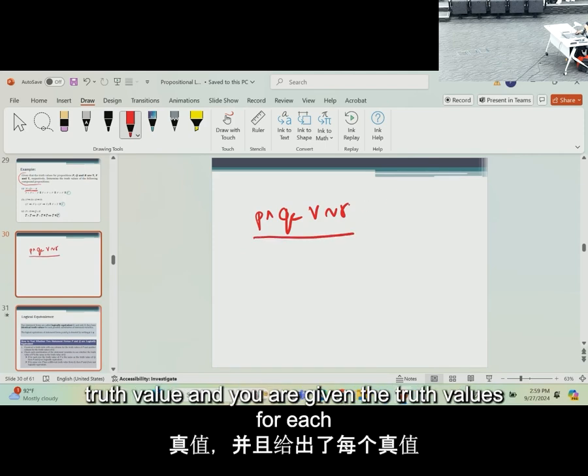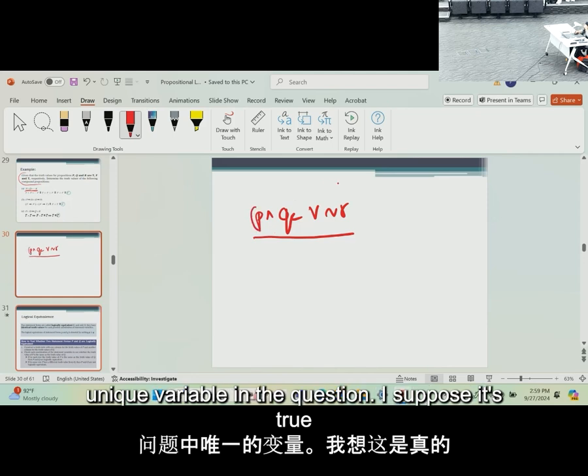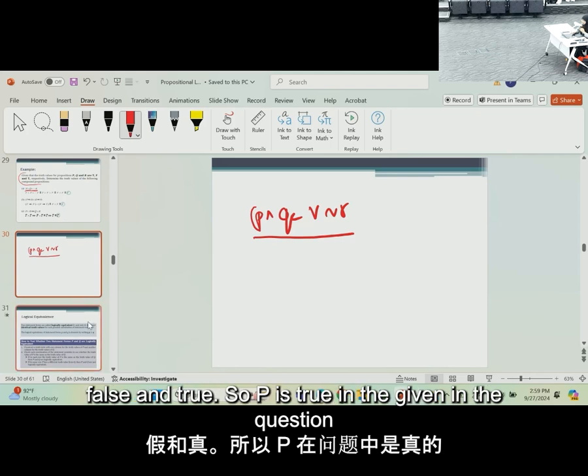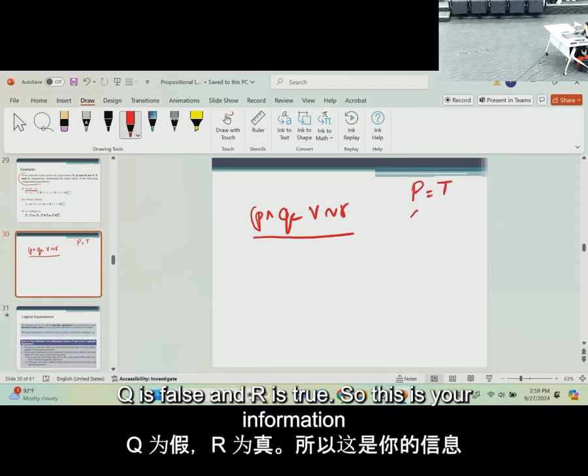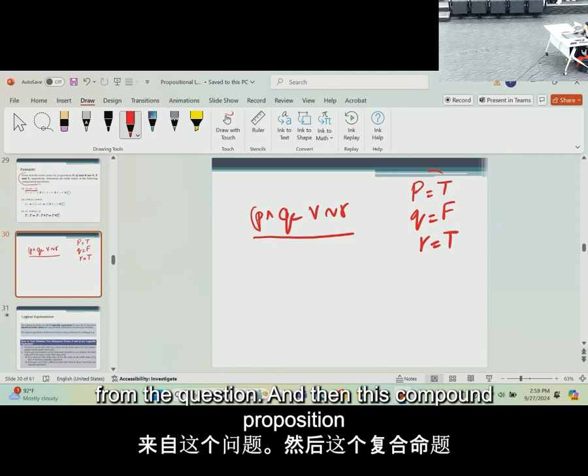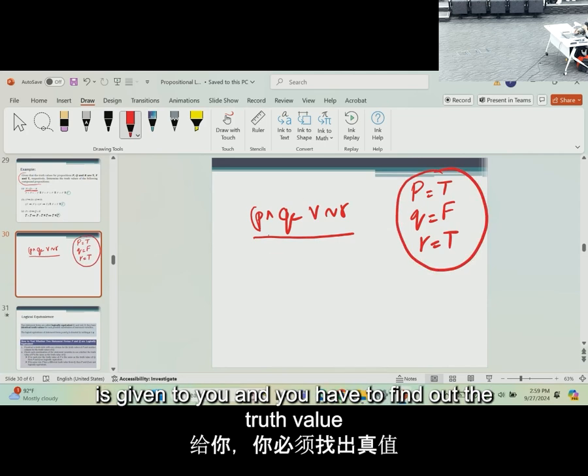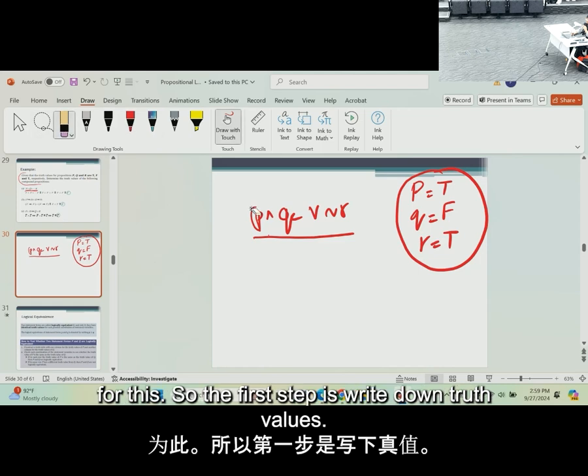You are given the truth values for each unique variable in the question. I suppose it's true, false, and true. So P is true, Q is false, and R is true. So this is your information from the question, and then this compound proposition is given to you, and you have to find out the truth value for this.